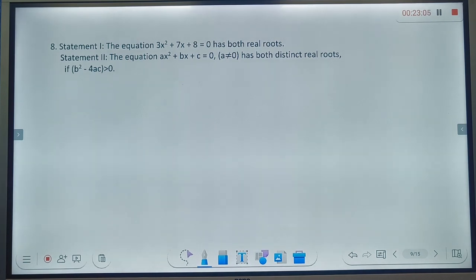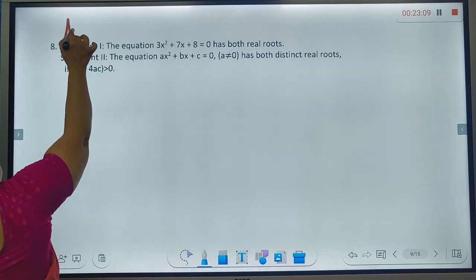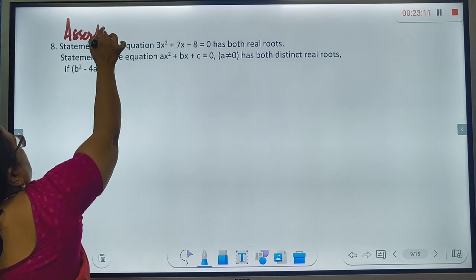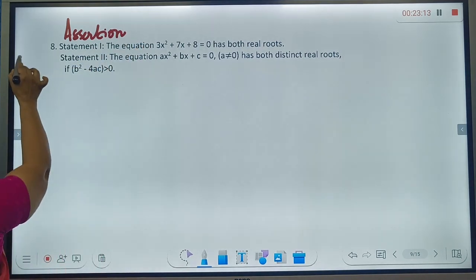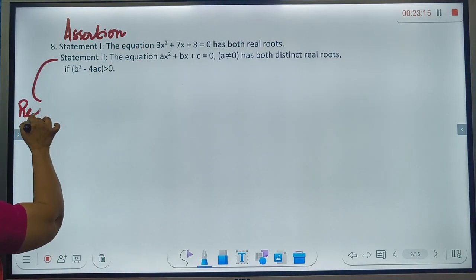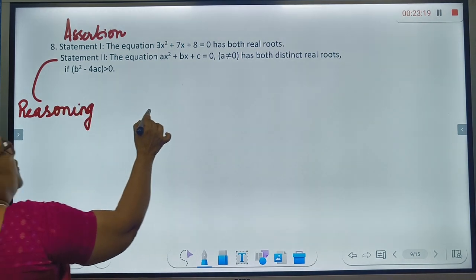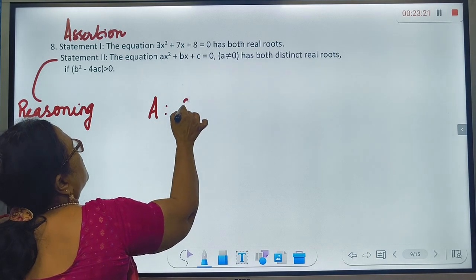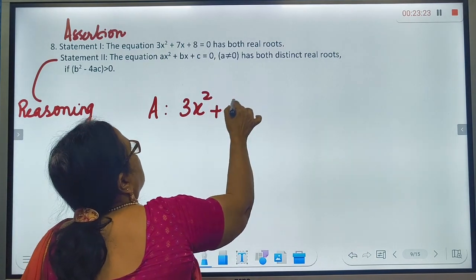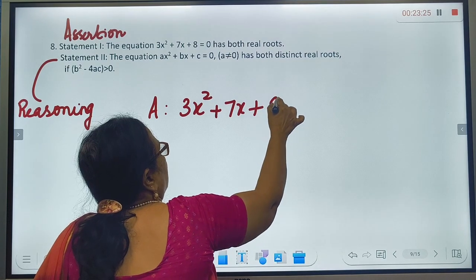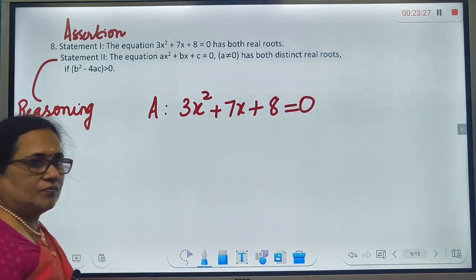Now, the first one, the equation 3x square plus 7, this is statement 1, called assertion. Statement 2 is reasoning. We will analyze this now. The assertion is 3x square plus 7x plus 8 equal to 0.